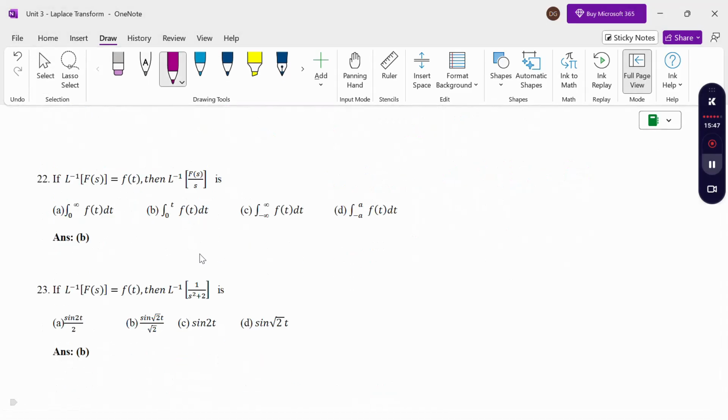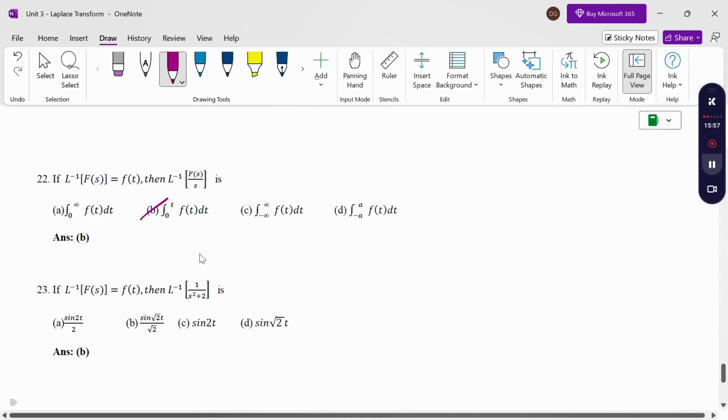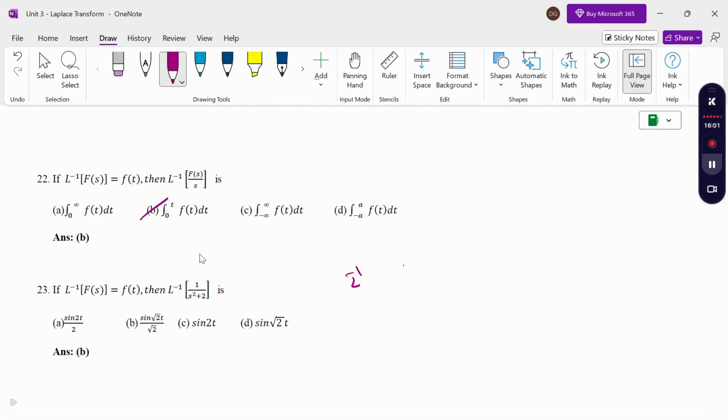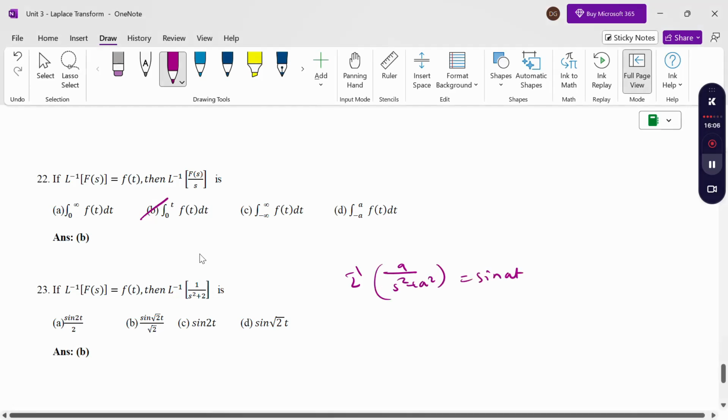And then L inverse of F of s equals f of t, then L inverse of F of s by s, the property is nothing but integral 0 to t f of t dt. And then L inverse of 1 by s square plus 2. L inverse of a by s square plus a square is sin at.